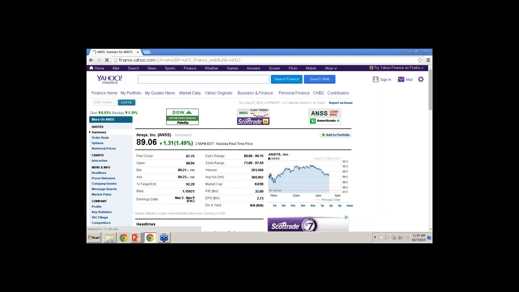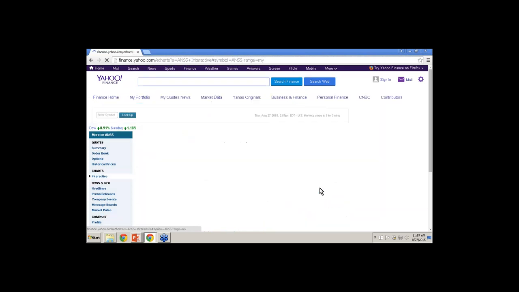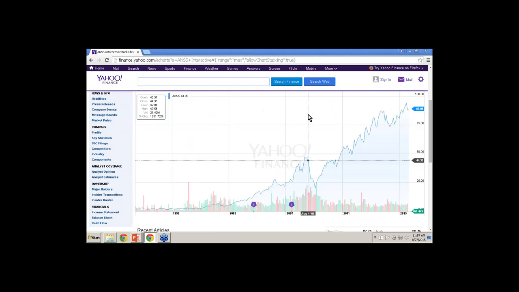So ANSYS stock is up to $89 today, and this is actually a good day to buy stocks. Maybe yesterday was better, but as you see here, ANSYS stock is supposed to reach $100, not 100 degrees, $100 by the end of the year. As you know, there was a steep dive in the last couple of days.